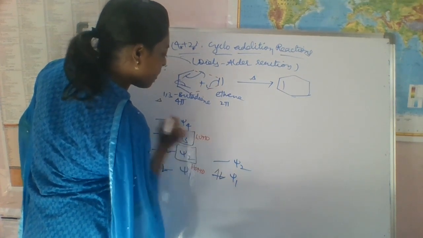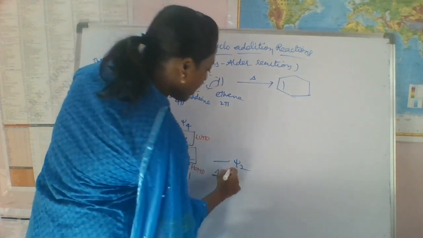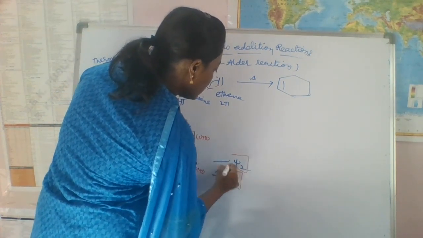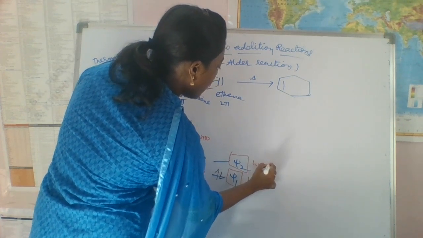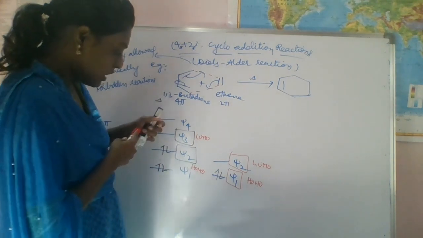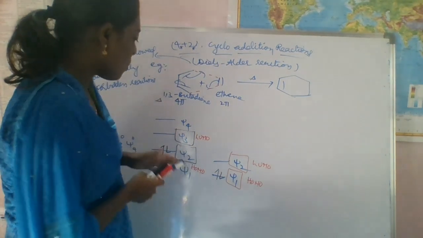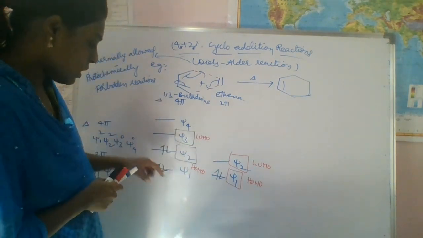And what about here? This is the HOMO and this is the LUMO. So in the case of butadiene and ethene, we have to write HOMO, LUMO and HOMO, LUMO.